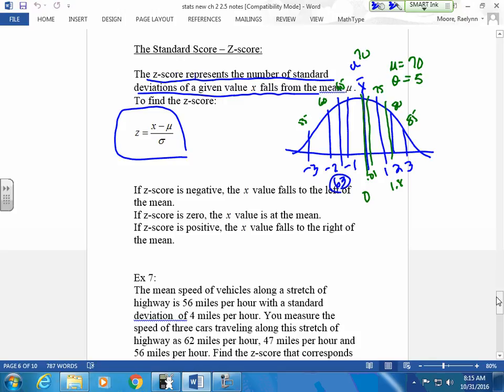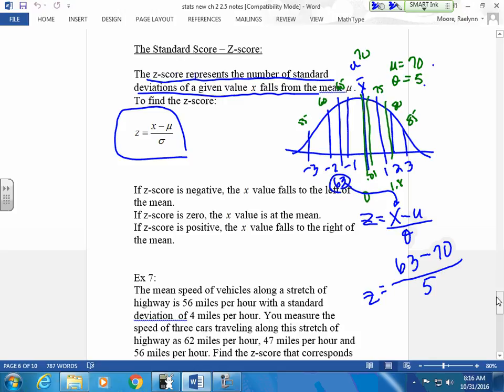Now, this little nice formula tells us exactly. It says, take your x value, 63, subtract the mean, which was 70, divided by what your standard deviation is. Now, when I subtract this, won't I get a negative number? 63 minus 70.